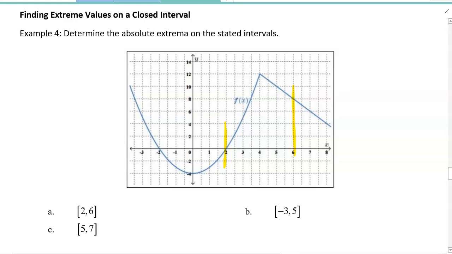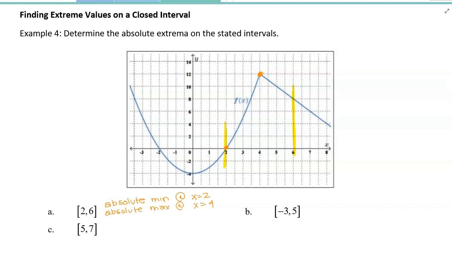Of all of the x values on this interval, the one that is going to have the smallest output, or the smallest f of x, or you could think of it as the smallest y value, will occur right here. Absolute min is at x equals 2. Then the absolute max will be right here. This is x equals 4.